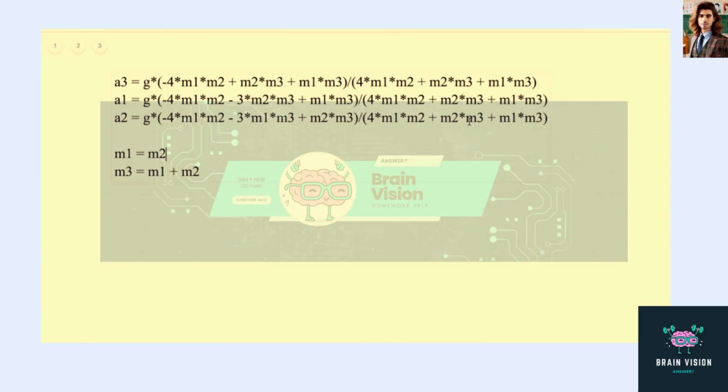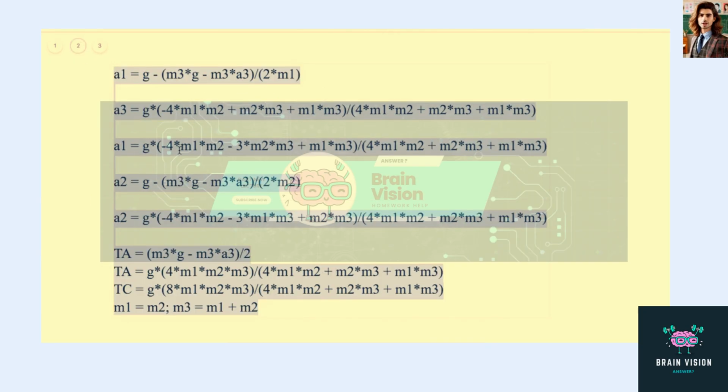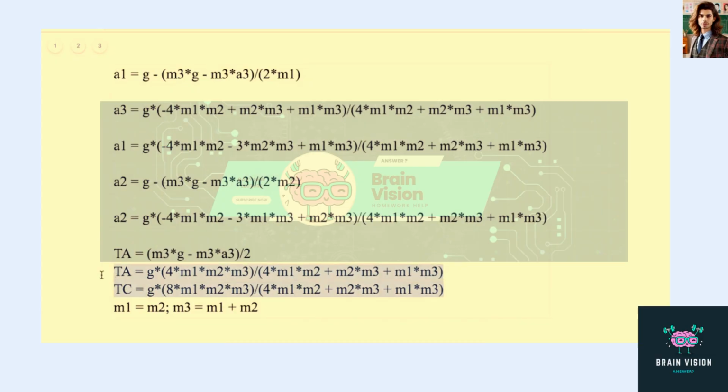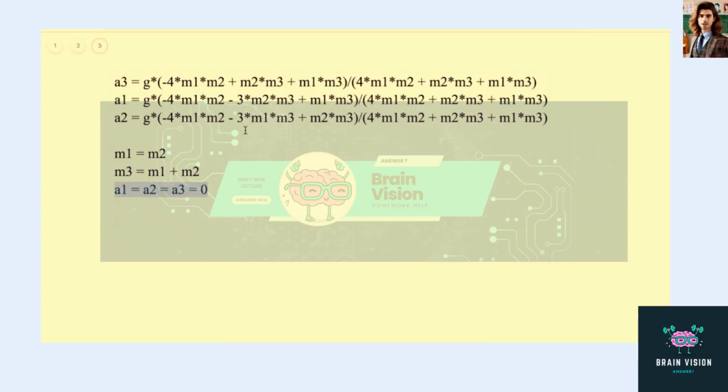So if you plug these in, I'm not going to actually go through and do it, but you can see that you'll find that A1, A2, and A3 are all equal, and they're all going to be equal to 0. So this is going to tell us that none of these are accelerating, and the tensions, so copy over this tension force as well.